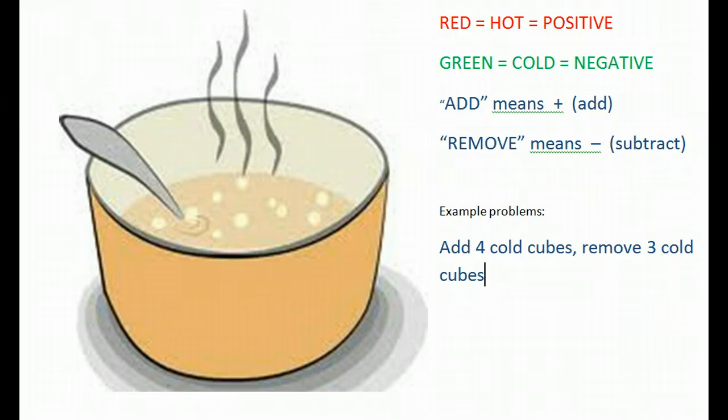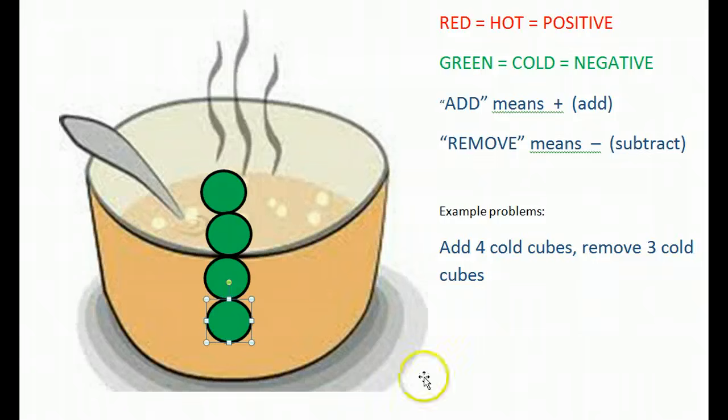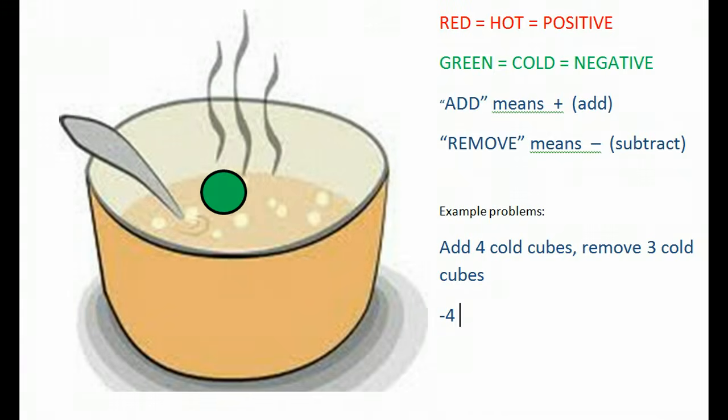Okay, so they've added in 1, 2, 3, 4. And now they remove 3. 1, 2, 3. Well, that was pretty easy. So the mathematical sentence is negative 4, remove is minus, and 3 more cold cubes is negative 3.